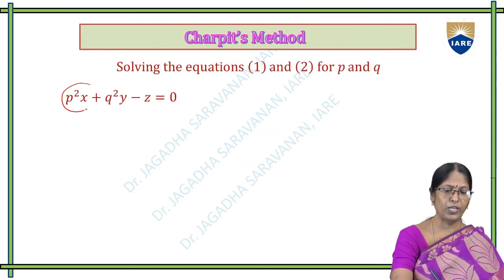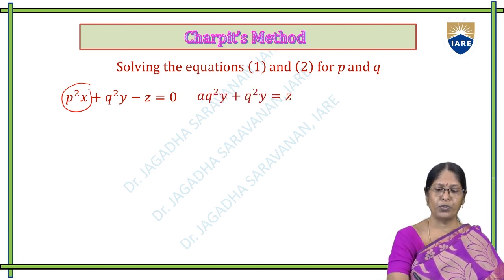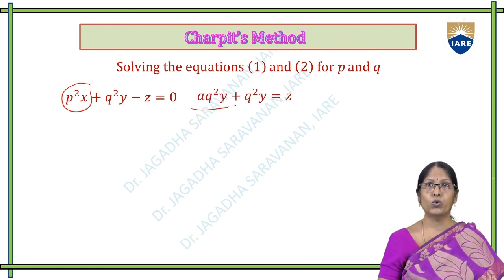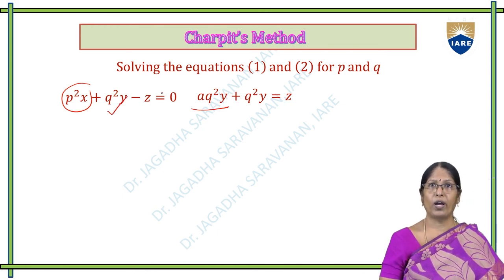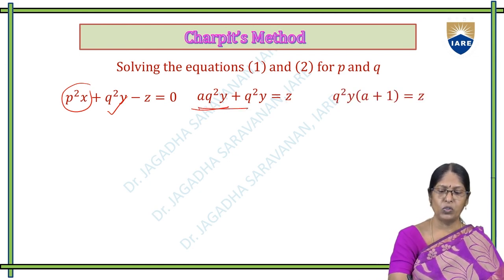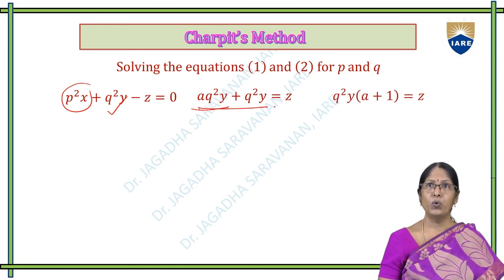So in this p square x place, we substituted a q square y plus q square y, which is equal to z. We didn't touch as it is. And in these two terms, q square y is common. It has been taken out.